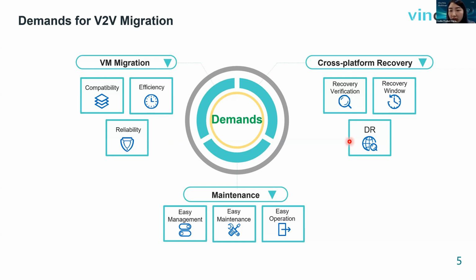And secondly, as I mentioned before, it is important to do disaster recovery. And thirdly, for the system administrator, the easier the migration process, the better, such as streamlined operation steps and a unified intuitive interface for easy job management and maintenance.